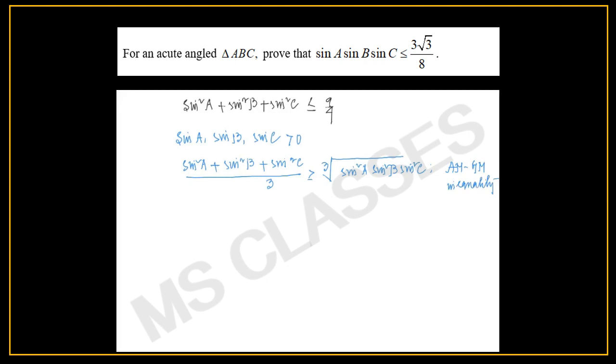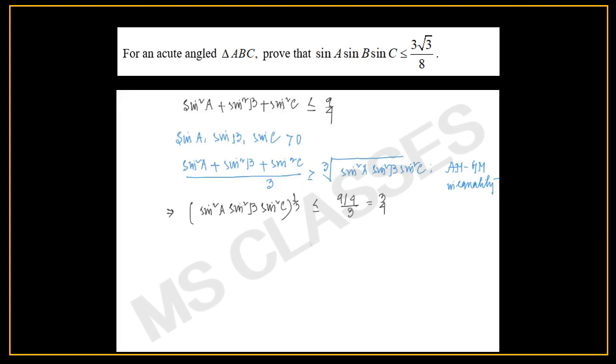Now, the reason for finding this inequality is just to utilize this one here. Since this whole expression is less than this one, and when this is the maximum value, definitely this will be less than the value when you replace this one by 9 by 4. That is what we get here: sine square A, sine square B, sine square C to the power of 1 by 3 less than or equal to 9 by 4 by 3, which is 3 by 4.